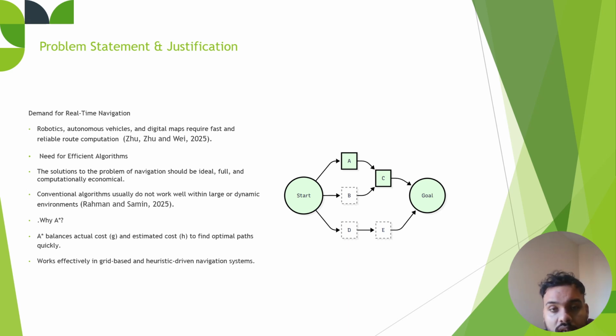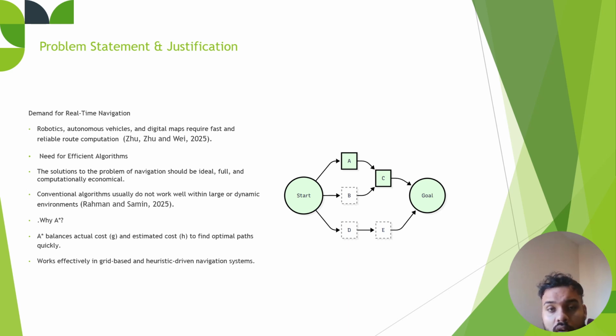Traditional algorithms often struggle in large or dynamic environments. For example, Dijkstra's algorithm will find the optimal path, as we saw in the video, but it explores too many uncertain nodes. Greedy algorithm is fast but doesn't guarantee an optimal solution.